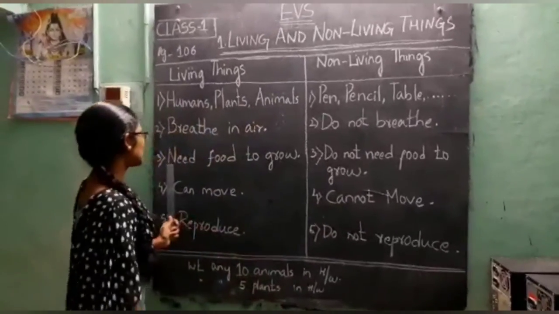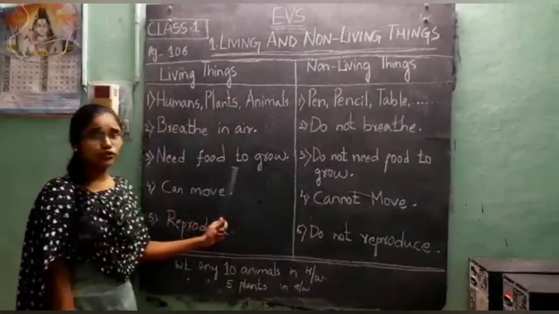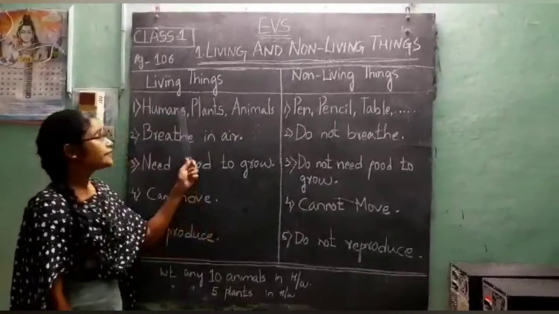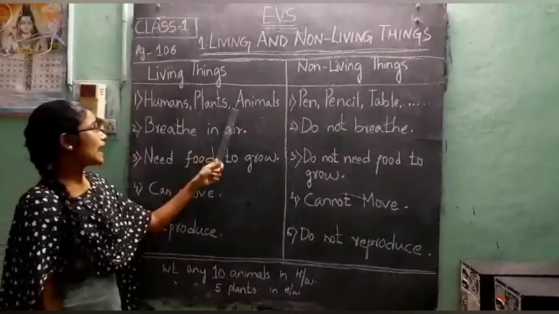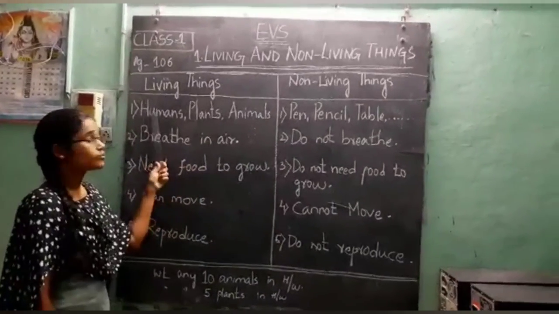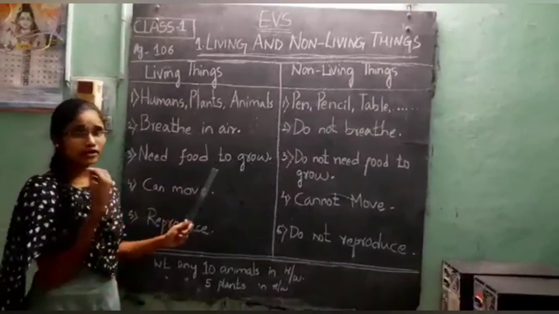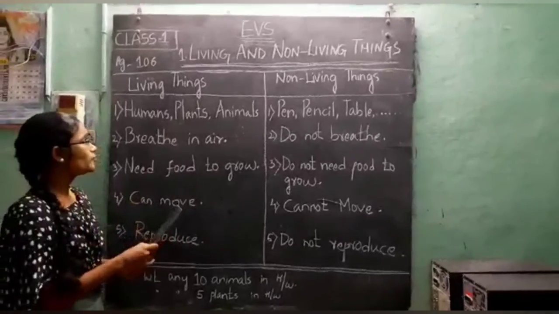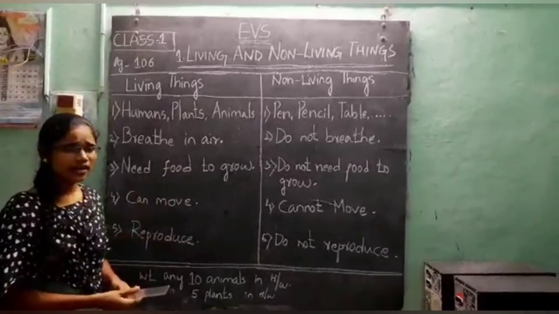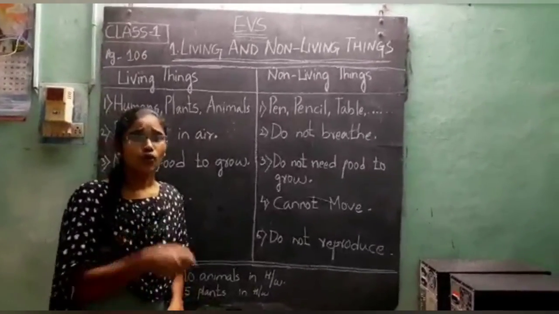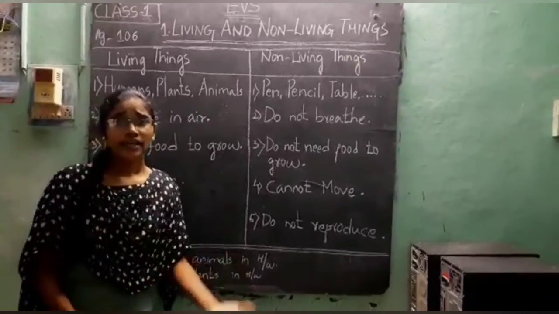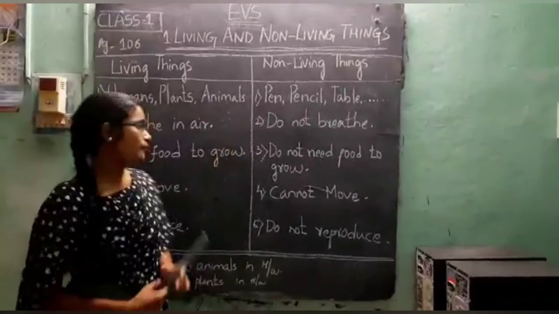Now the third point: they need food to grow. Who needs it? Living things need it. Animals, plants, humans need food to grow. Even the plants need it. Every day you have to water your plants, then only the plants will grow.